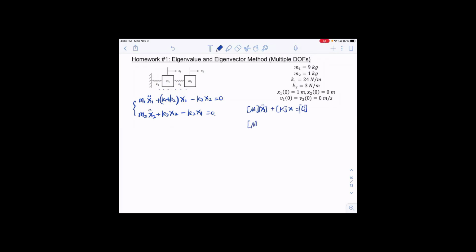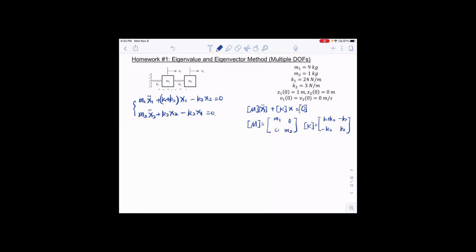Your M matrix is going to be a diagonal matrix with M1, M2, and your K matrix is going to be symmetric: K1 plus K2, minus K2, minus K2, and K2. The reason I can easily write these out is through the coupling of your system.